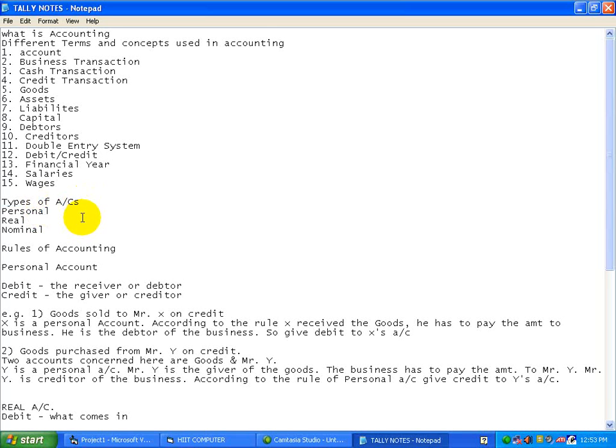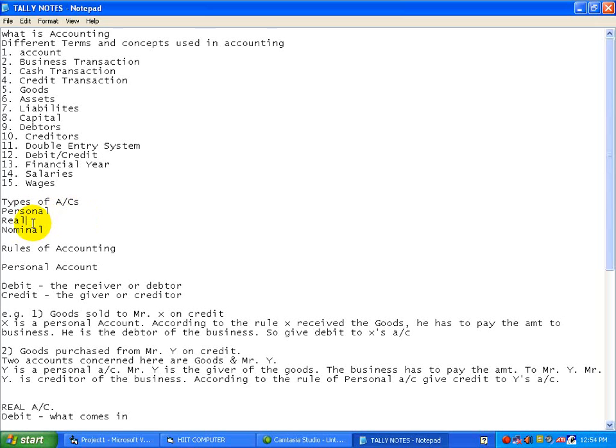Artificial, namely legal persons, persons created by law, example banks, companies, cooperative societies, trust, etc. Natural persons, living persons means a human being, example Mr. Safim, Mr. Ujwal, Mr. Praveen, Mr. Razi, etc.